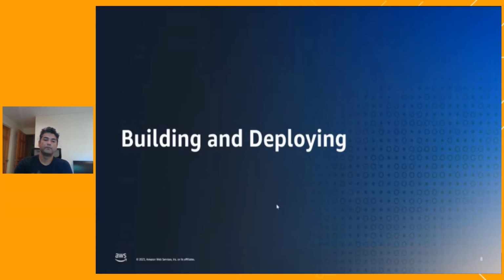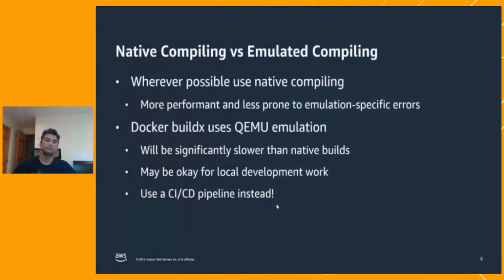So one quick overview of building and deploying. This is not meant to be exhaustive, but I'm just giving you an example of things like native compilation versus emulated compilation. So obviously for performance reasons, it's better to compile to native whenever possible.